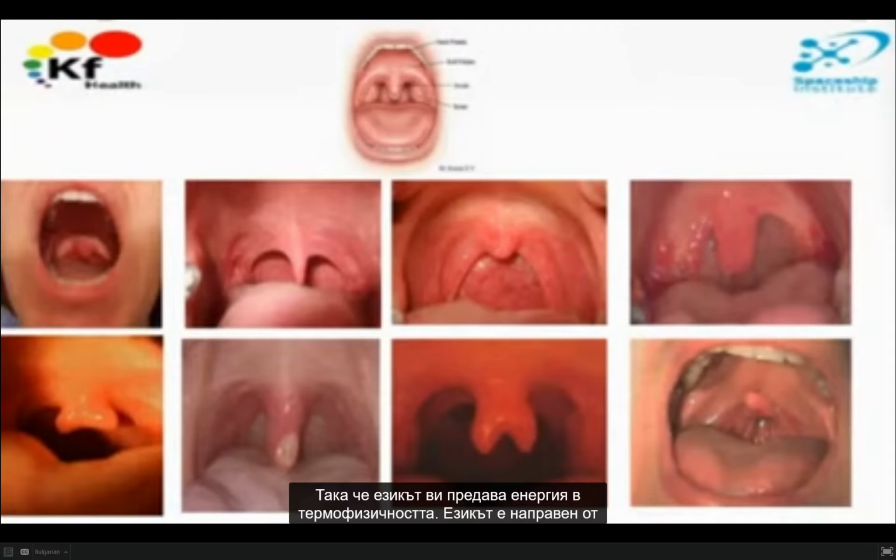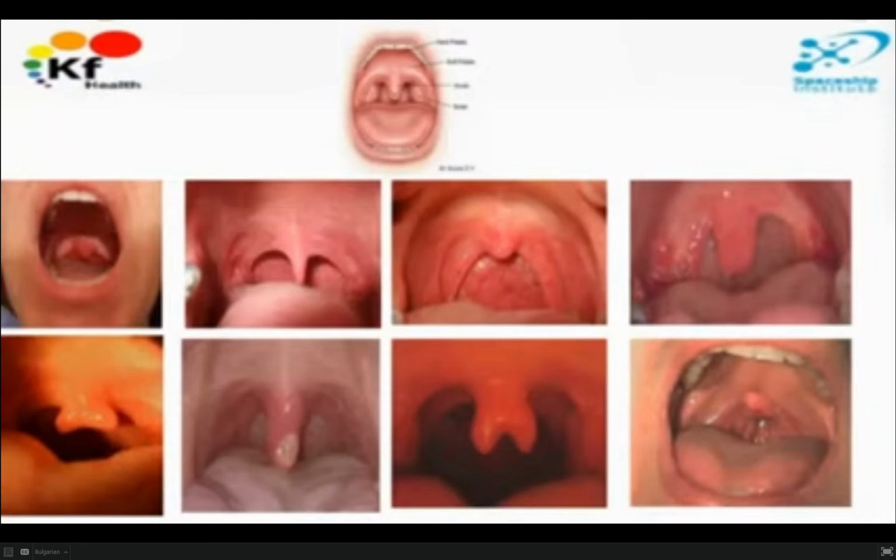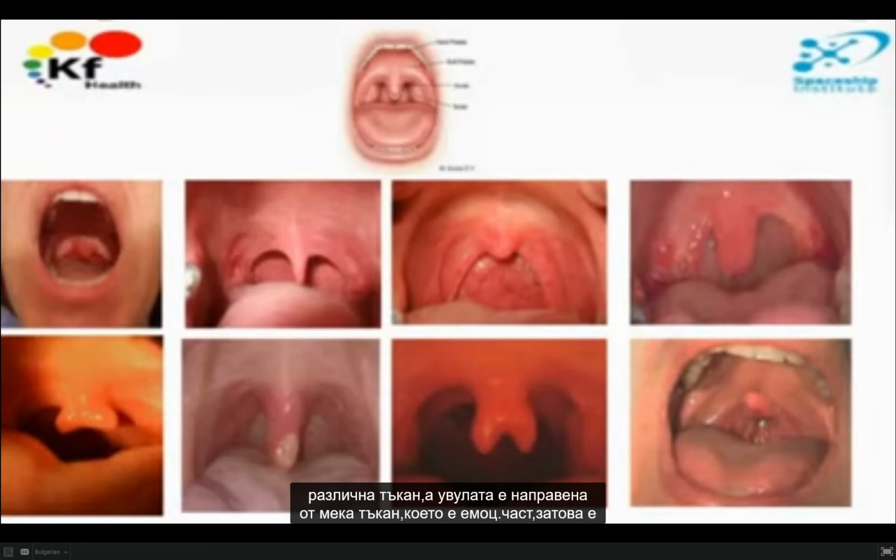So your tongue transfers energy in terms of physicality. The tongue is made of different tissue, and the uvula is made of soft tissue, which is the emotional part. That's why.